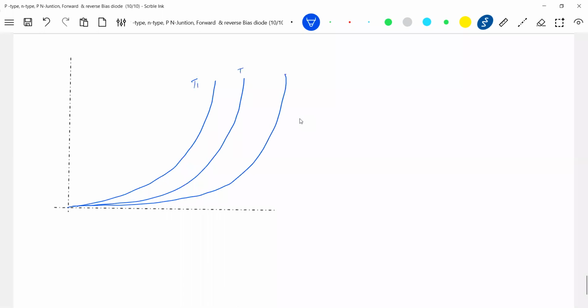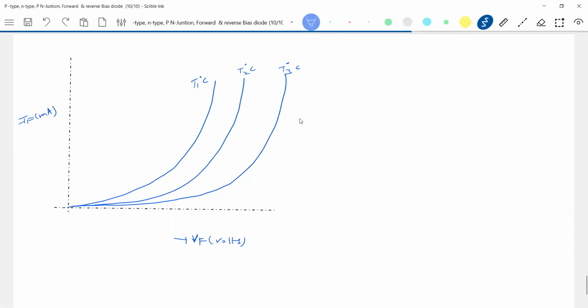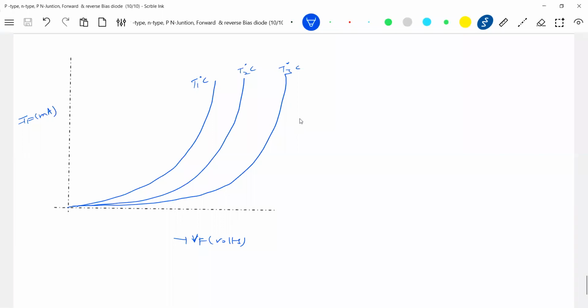This is the temperature T1, T2, T3, and this is the forward voltage, not a barrier voltage. This is the forward voltage applied across the diode, and there is a forward current. These temperatures are in degrees Celsius. You can put anything, no problem, T1, T2, T3. I just put it like this, T1 greater than. Any reason we can put it here?